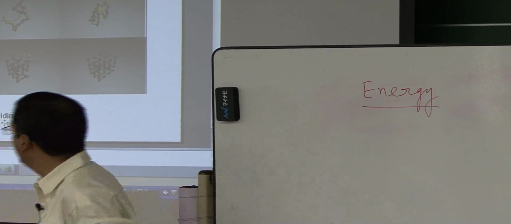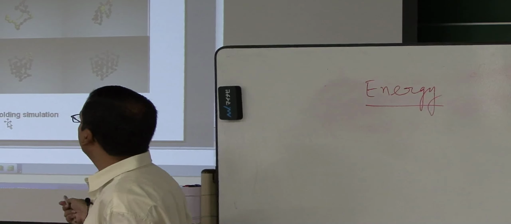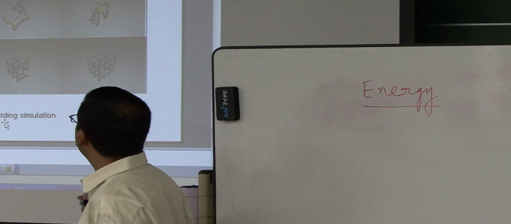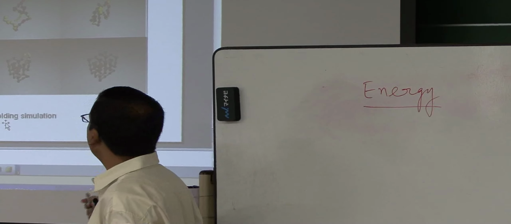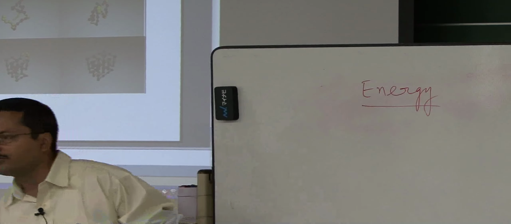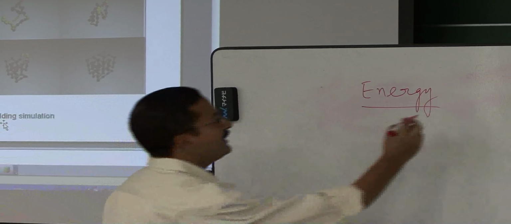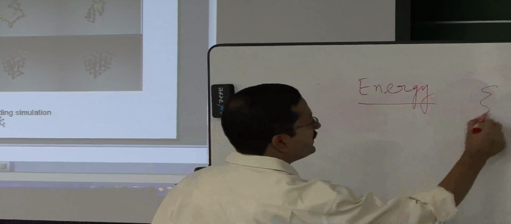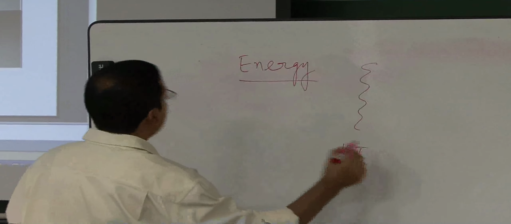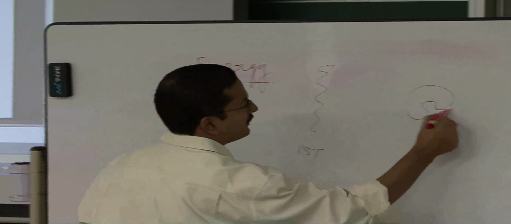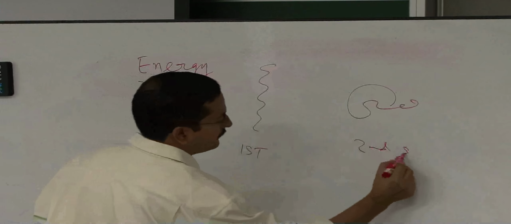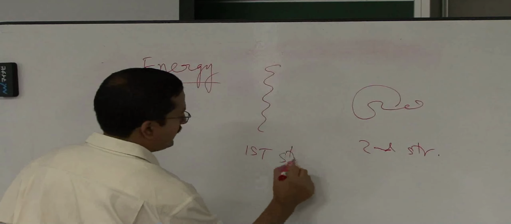Okay. So, this is one same molecule, but this structure and these structures, these two, they do not have the same energy. Let us say I am just drawing roughly. So, let us say this is the first structure and this is the second structure.